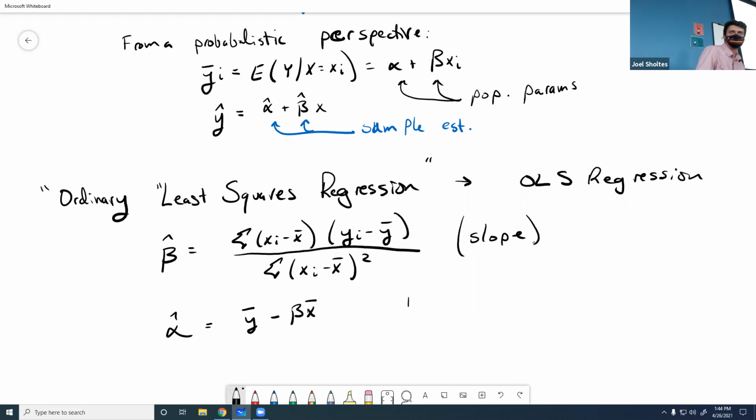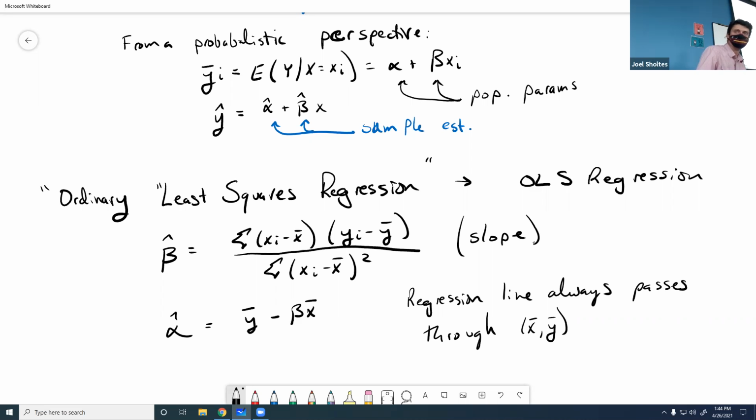So what this tells us is that the regression line always passes through x bar, y bar. So the mean of your x's and the mean of your y's, that's going to be on your regression line.